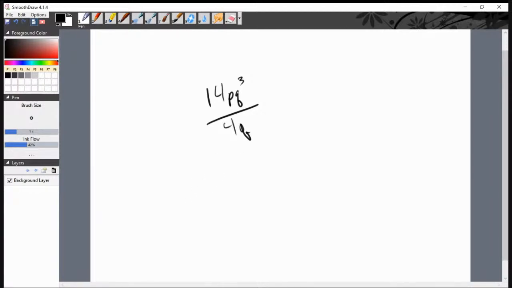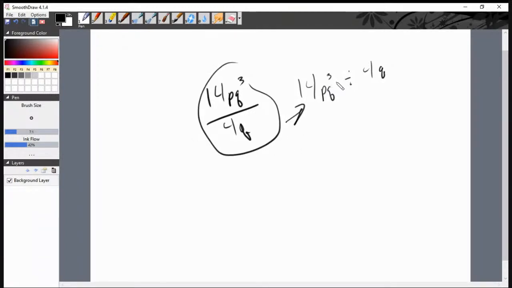Like I said, what I want you to do with this is rewrite it: 14 PQ to the third power divided by 4Q. Okay. That's what this is. It's the same thing as writing this 14 PQ to the third power divided by 4Q. The first thing I want you to do is identify your coefficients. Your first coefficient is 14. Your second is 4. Right?